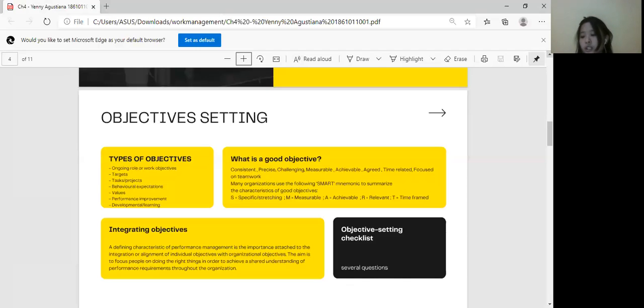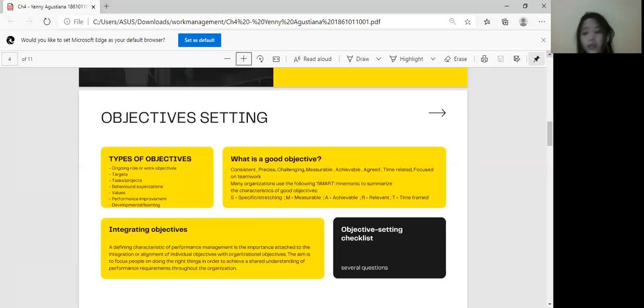Challenging is to stimulate high standards of performance and encourage progress. Measurable relates to quantitative or qualitative performance measures. Achievable makes sense to be achieved, matched with the individual's capabilities. And agreed by the manager and also the individual concerned.